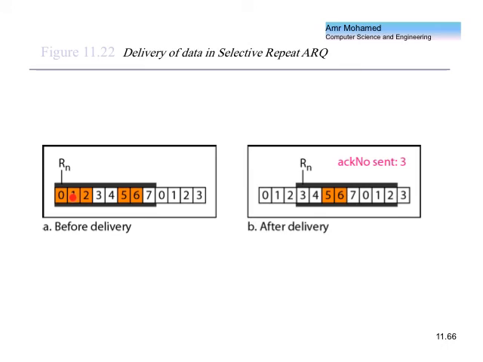When the receiver then receives 0, it asks itself, was 0 received? Yes, then slide the window. Was 1 received? Then slide the window, and so on. After sliding the window, it will look at the first frame that was not received. That's why we need this marked flag to indicate whether each frame has been received or not.